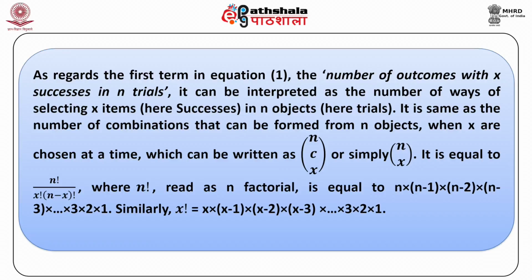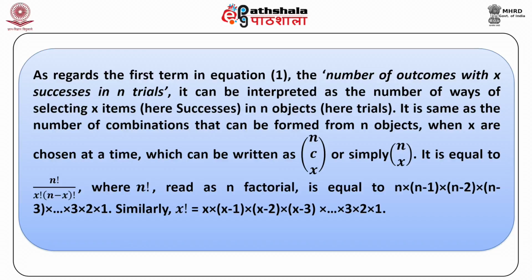So it is the same as the number of combinations that can be formed with n objects when x are chosen at a time. Now this can be written as nCx, or simply n and x in the bracket, which is also the same way of writing nCx.